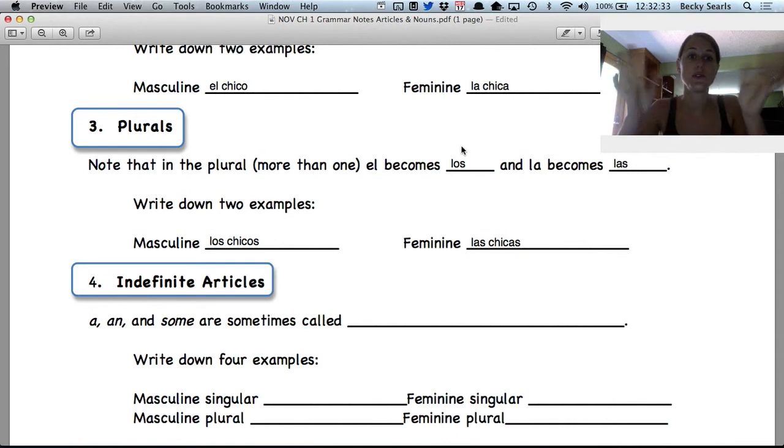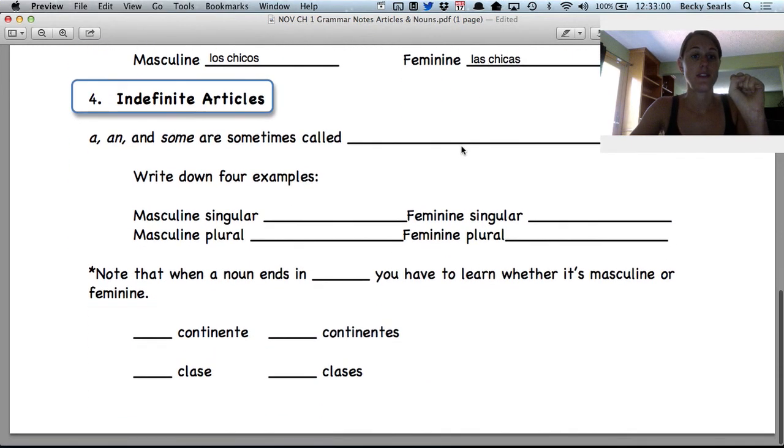So all of those words mean the in English, but in different ways. There's the, which is masculine and singular, or feminine and singular. There's the, which is masculine and plural, or there's the, which is feminine and plural. So there's 4 possibilities in Spanish for 1 possibility in English. A little crazy.